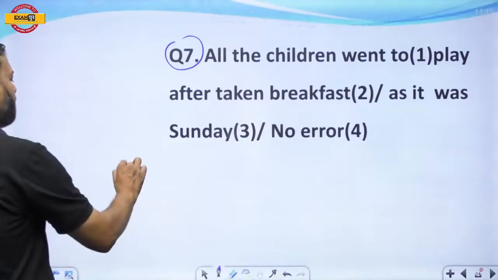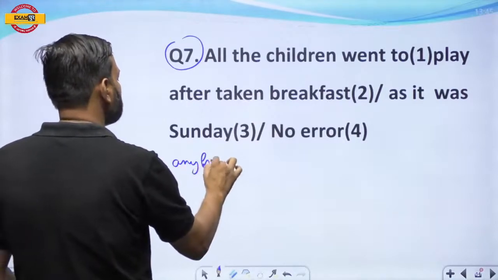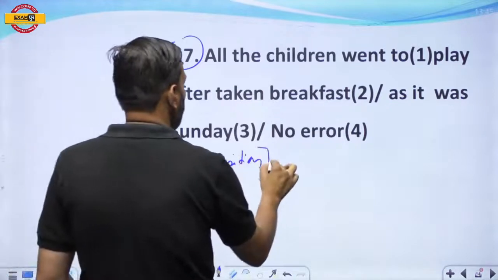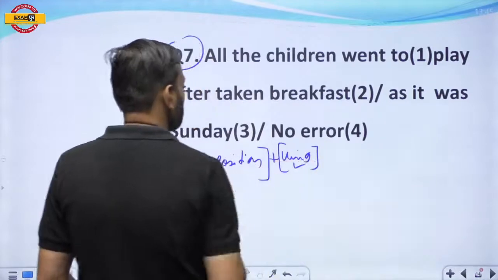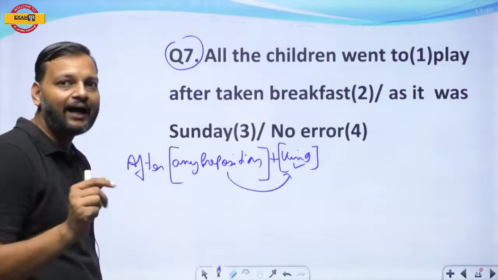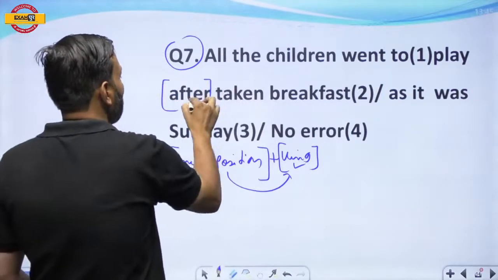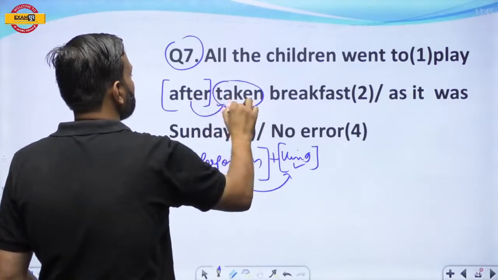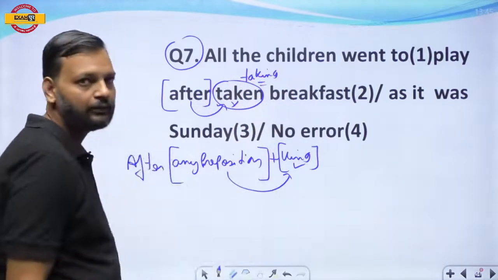See, after any preposition, only the ing form of verb can be used. So here after is a preposition and it will take an ing form of verb. So in place of taken, you have to use taking.